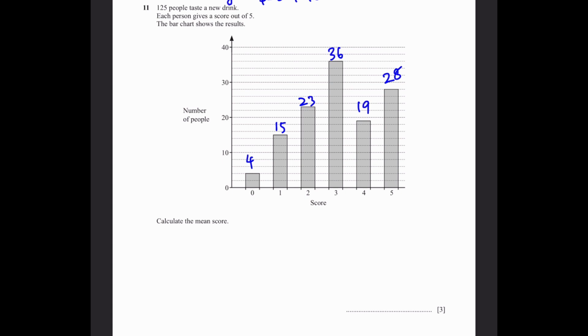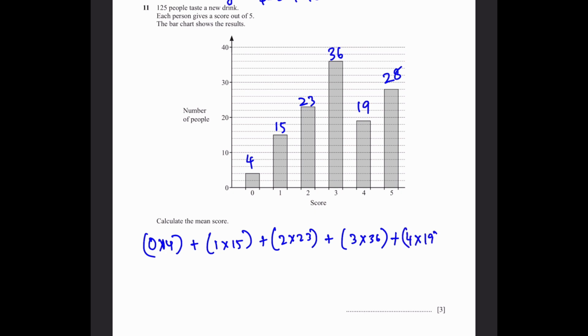So now let's multiply everything and then divide by 125 because it's a mean. 0 into 4 plus 1 into 15 plus 2 into 23 plus 3 into 36 plus 4 into 19 plus 5 into 28.